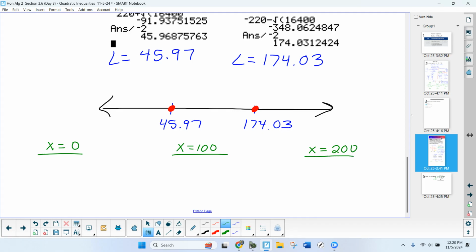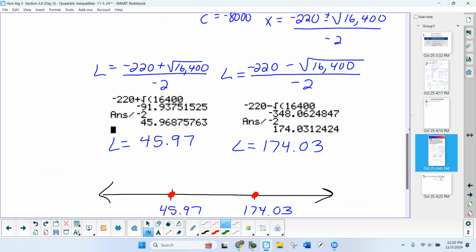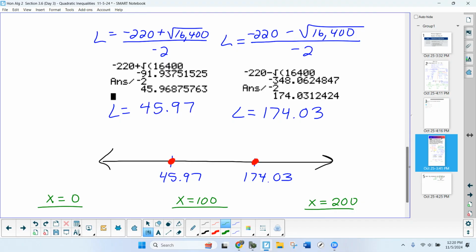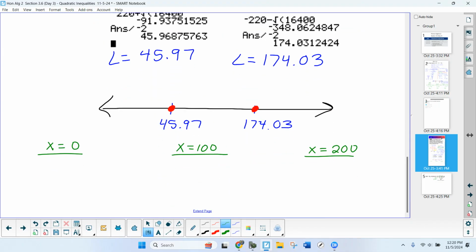Now, when you test these values, you're going to test them back into the original inequality, which was 220L minus L squared is greater than or equal to 8,000.